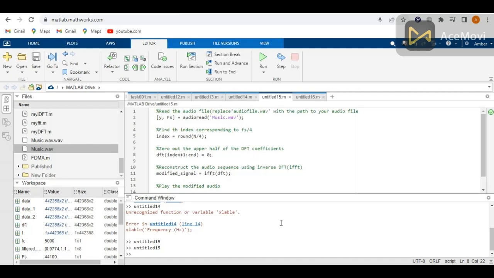So the music sound and its speed was very slow after removing the upper half of the frequencies.